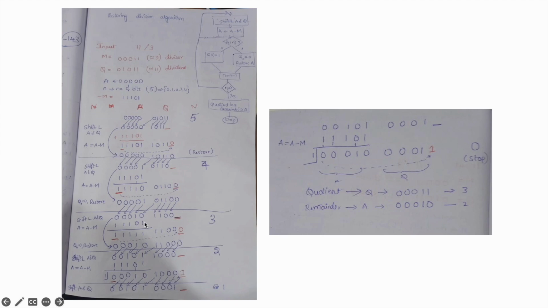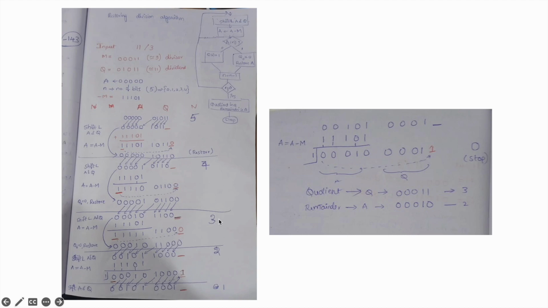The nth bit is 1, so we have to use Q naught as 0 and restore the value. What is the previous value? 0 0 0 1 0. That is restored, and this is copied here.